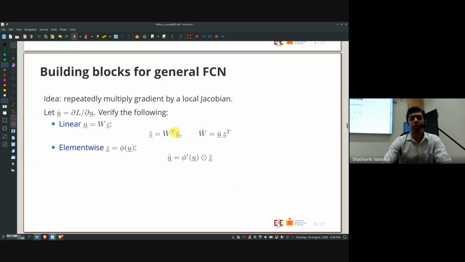And similarly, the only other type of operation that occurs in a fully connected neural network is Z equal to phi of U. In this case, U bar is equal to the derivative of phi evaluated at the vector U, element-wise multiplied with Z bar. Okay, so these are the only two types of operations that are going to occur.